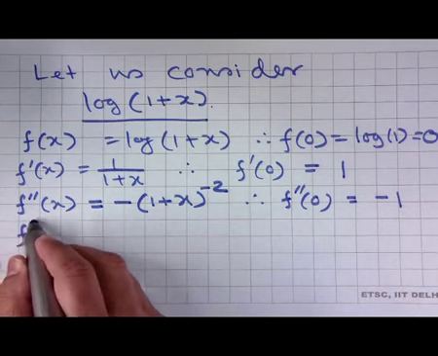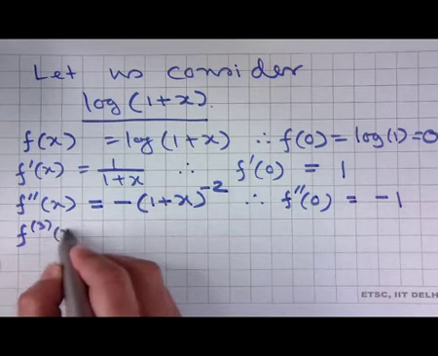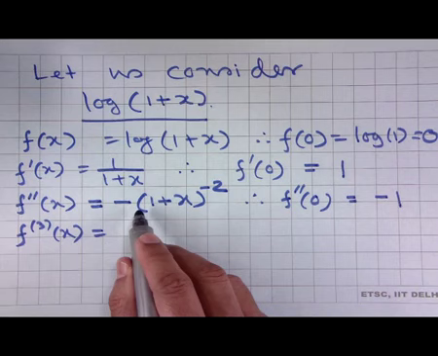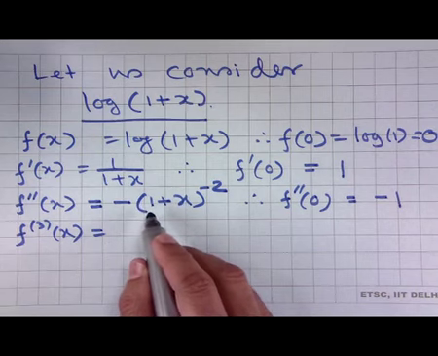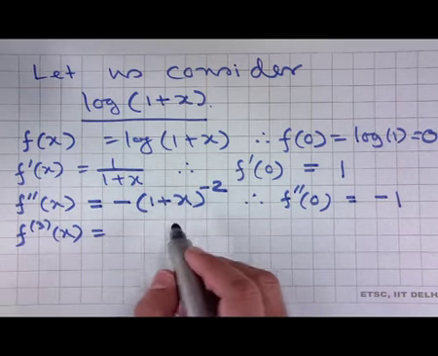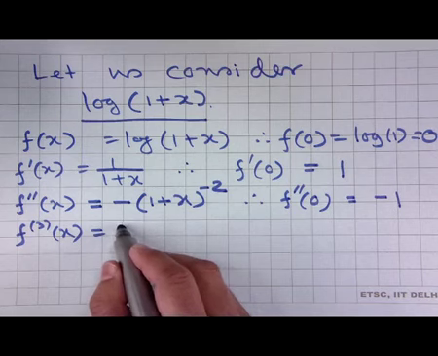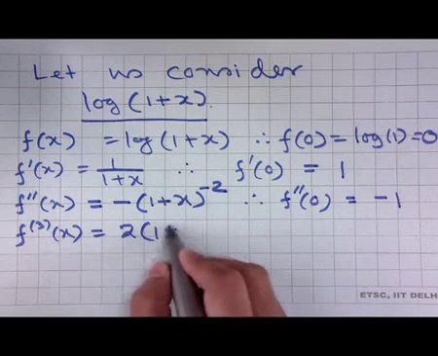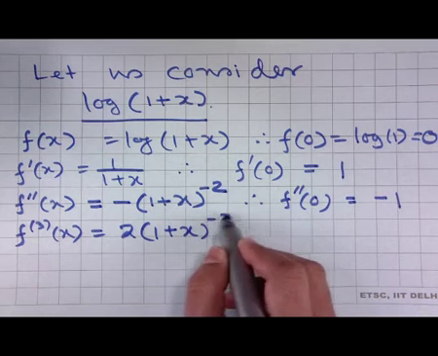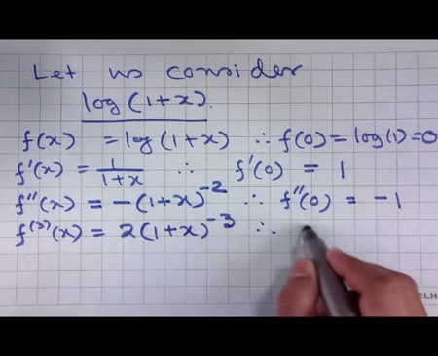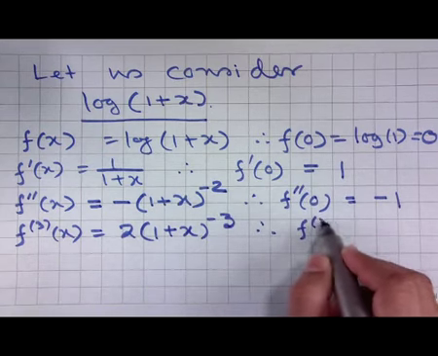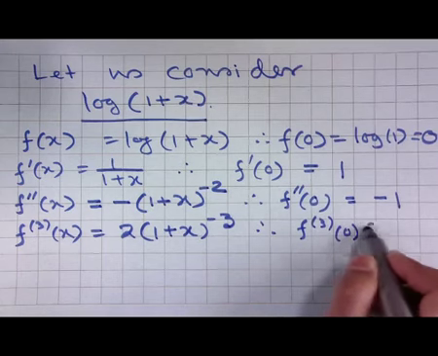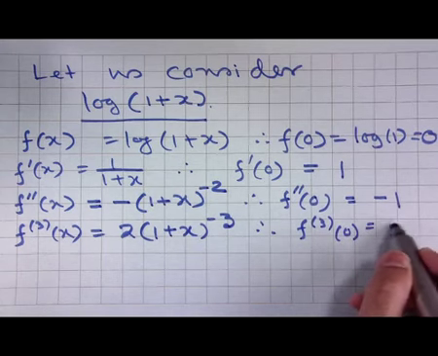f triple prime x is equal to derivative of minus 1 plus x whole to the power minus 2, which is going to be 2 into 1 plus x to the power minus 3. Therefore, f triple prime at 0 is equal to 2.